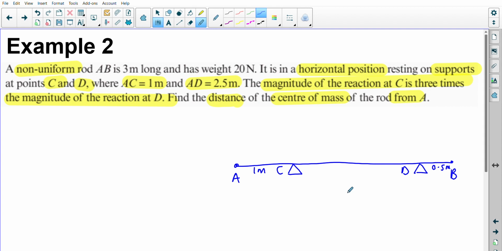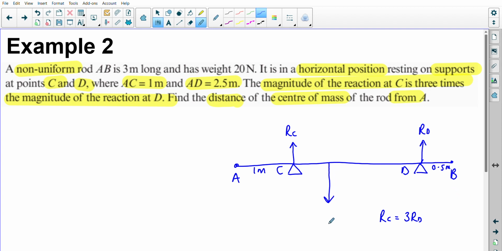And I'm going to have reactions on here as well. And it did say the magnitude of the reaction at C is 3 times the magnitude of the reaction at D. So RC is 3 times the reaction at D. I'm just going to put the mass here.